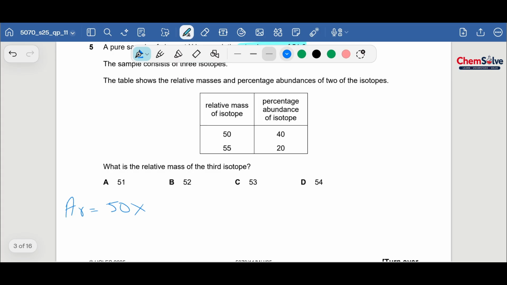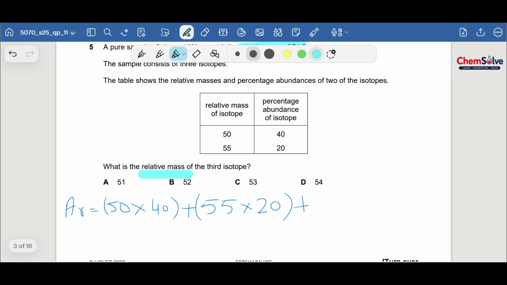So I will multiply 50 with 40. For the next isotope, the mass is 55 and the abundance is 20. And for the third one, I have to find out the relative mass. So I will suppose this is X, for example.